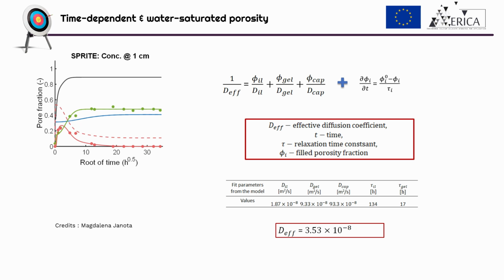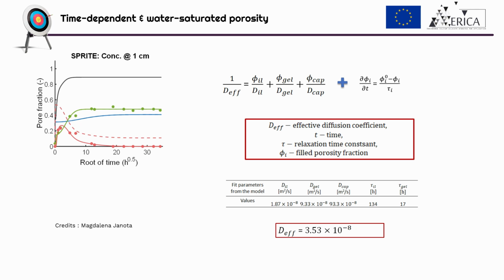An effective transport coefficient is a function not only of the pore size distribution but also depends on filled porosity fraction. On the figure, wetting data of previously dried cement paste sample 60 mm long is presented.